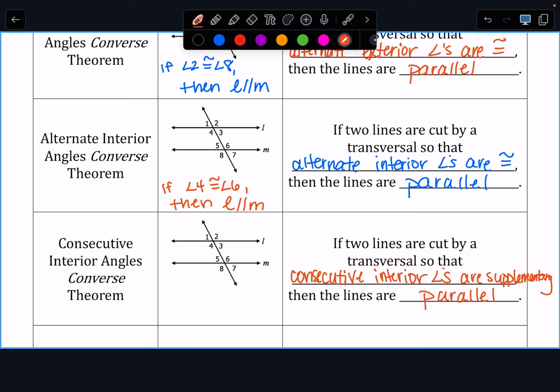Okay, so if we have nothing marked, but we have something like the measure of angle 3 plus the measure of angle 6 is 180 degrees, consecutive interior angles that are supplementary, then L is parallel to M.